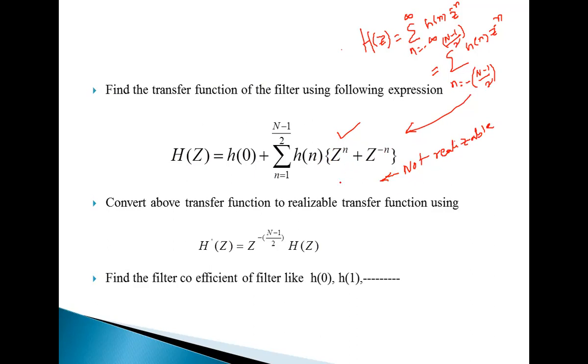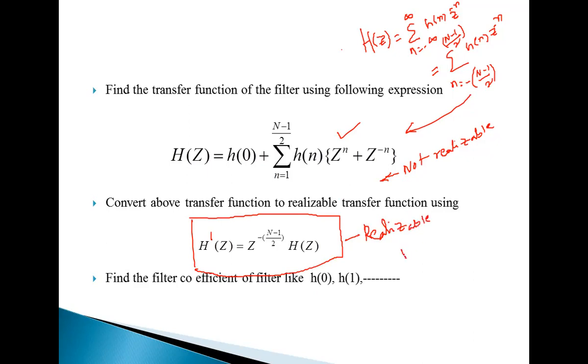So we should have only one power. To convert this equation into one having the same power, we call it H dash of Z equals Z to the power minus (N minus 1)/2 times H of Z. This is what we call a realizable transfer function.